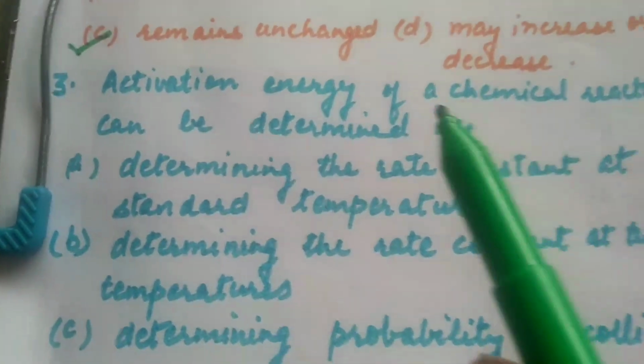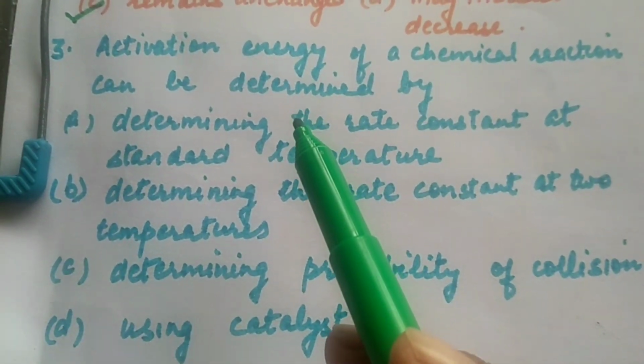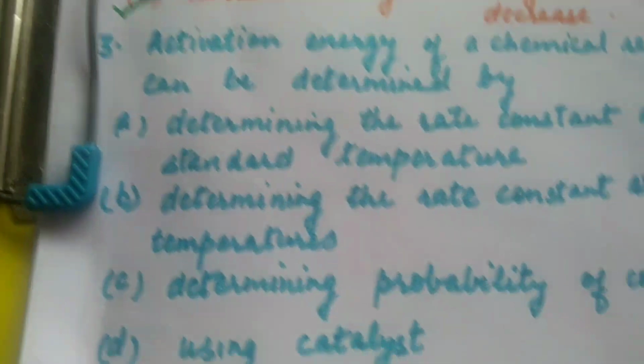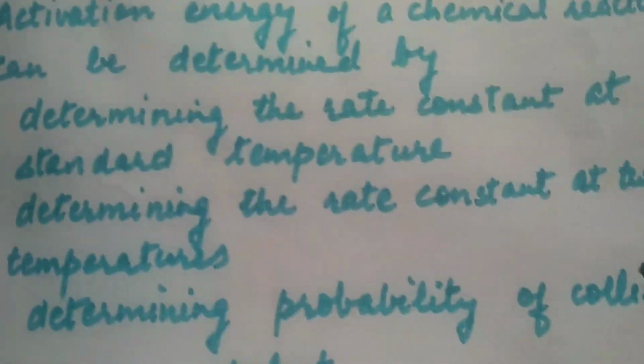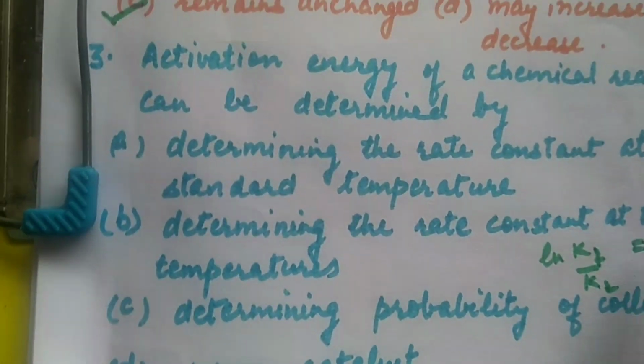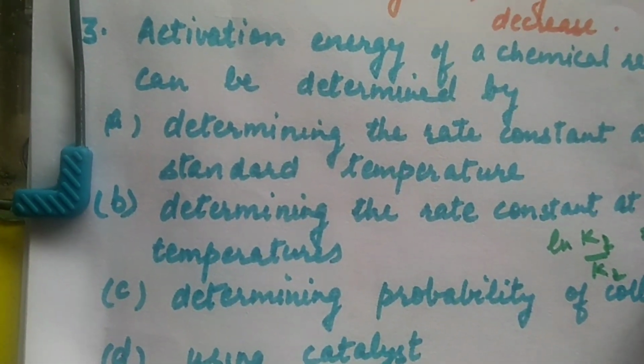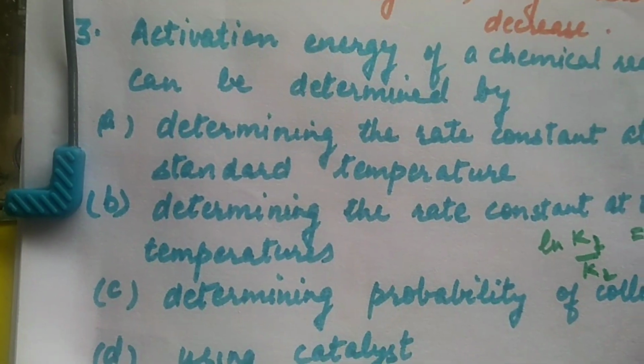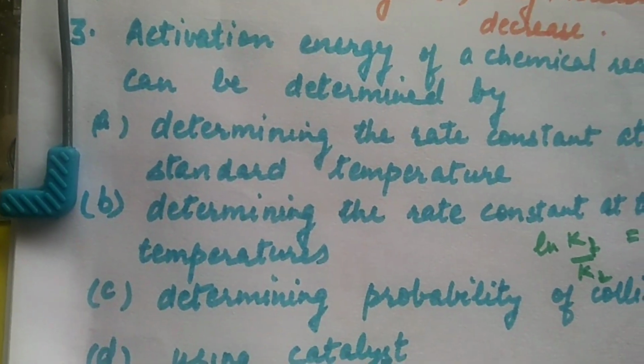Activation energy of a chemical reaction can be determined by, we use the Arrhenius equation: ln K1 upon K2 is equal to Ea upon R into 1 upon T1 minus 1 upon T2.